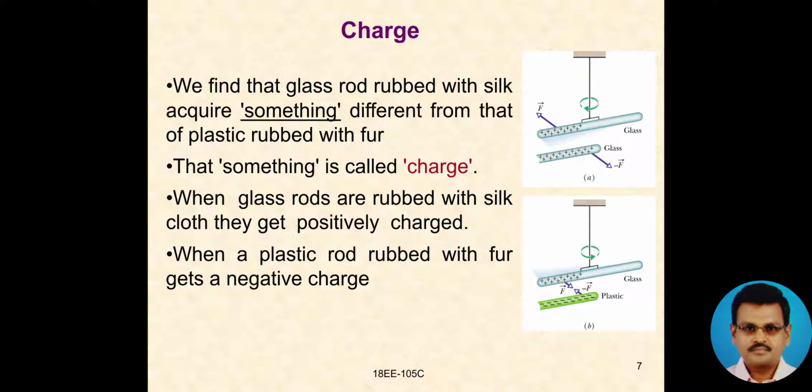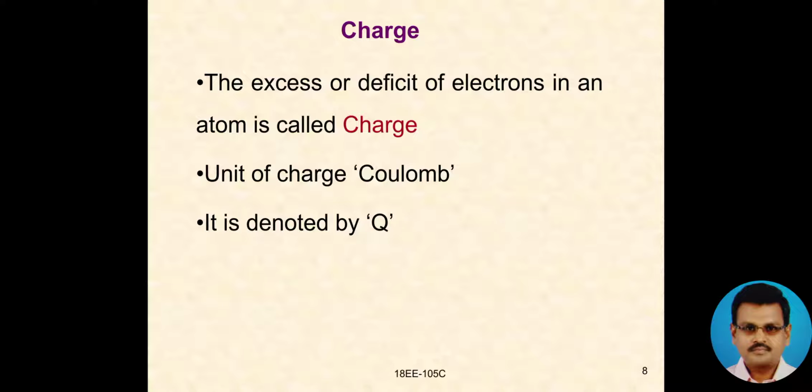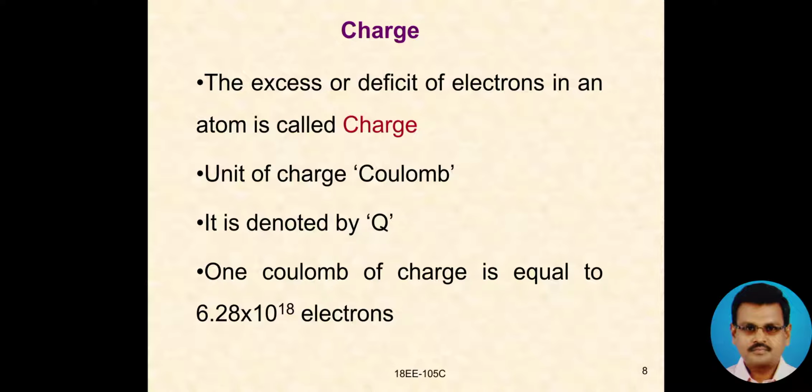When a plastic rod is rubbed with fur, it gets a negative charge. The excess or deficit of electrons in an atom is called charge. Unit of charge is coulomb. It is denoted by capital Q. 1 coulomb of charge is equal to 6.28 into 10 to the power of 18 electrons.